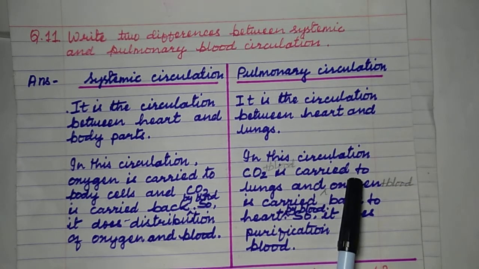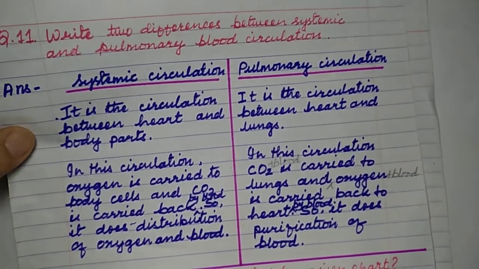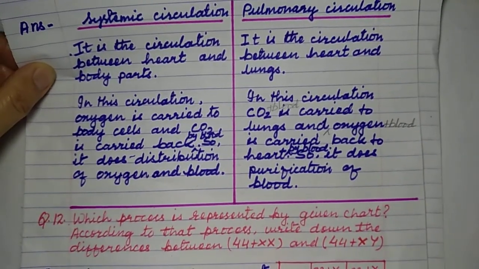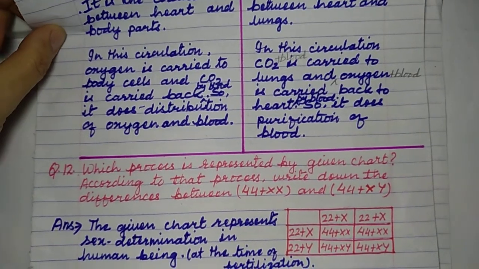In pulmonary circulation, carbon dioxide is carried to lungs and oxygen is carried back to the heart by blood. So it does purification of blood. Pulmonary circulation is mainly for purification of blood. Systemic circulation is distribution and pulmonary circulation is purification.